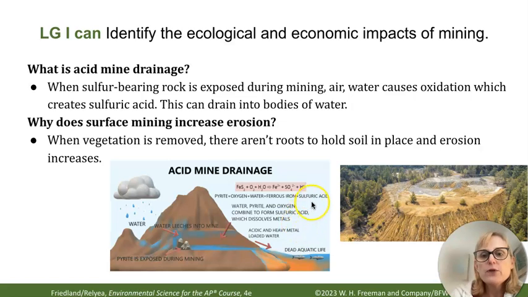There are also some other reactions here. You can see pyrite and oxygen and water give you ferrous iron and sulfuric acid. So there are chemical reactions that go on, and again, it's because these minerals and elements are exposed in the mining process. Then when rain hits it, it drains into bodies of water.